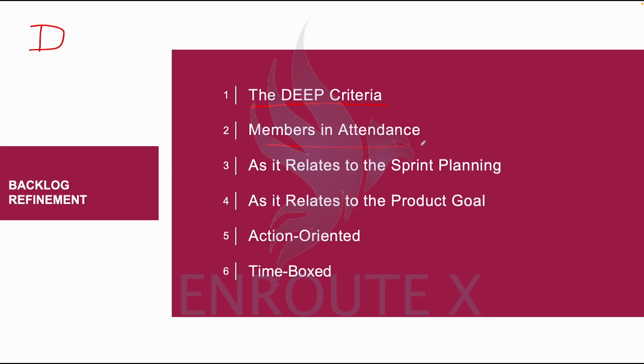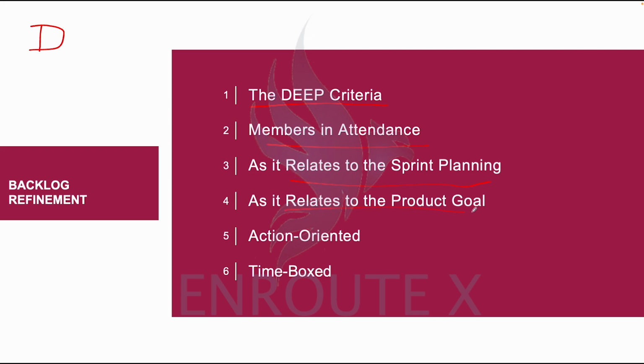I've explained also the members in attendance, and I've also related it to the sprint planning. A good team does backlog refinement ahead. So while your developers are squarely focusing on what they need to do, a part of that team could be planning ahead of the rest of the team.